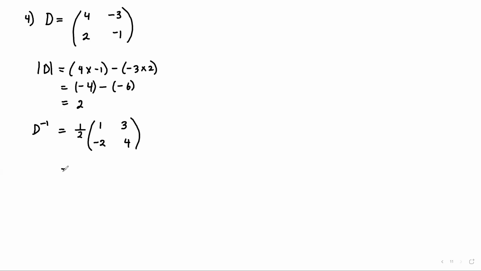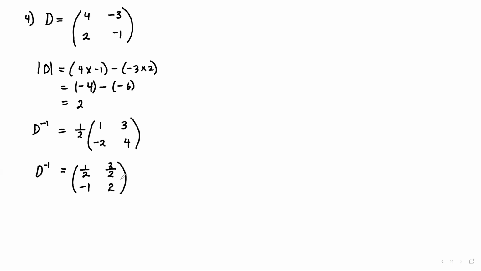And then we just multiply throughout by a half. So D inverse would be equal to negative 1 times a half, which is negative a half, 3 times a half, which is 3 over 2, negative 2 times a half is negative 1, and 4 times a half is 2. And that's your D inverse: negative a half, 3 over 2, negative 1, 2.